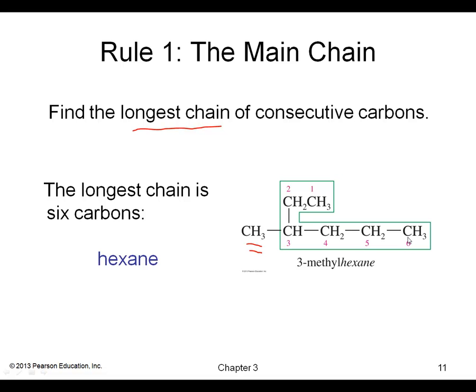If I would have numbered from this end to start with, 1, 2, 3, and 4, that would have been a higher number. So this is the proper sequence of numbers. Okay, so on the third carbon I have a CH3. Remember, a CH3 group is called the methyl group, and so the full name is 3-methylhexane, with the parent chain hexane.